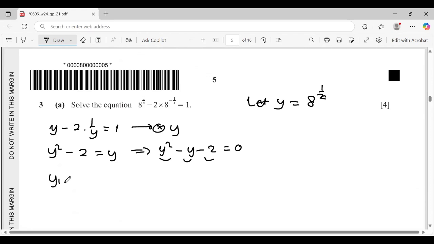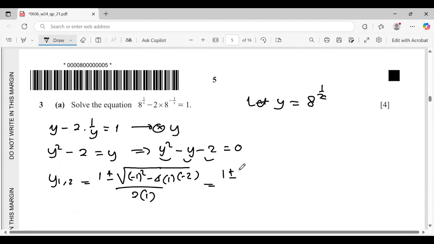So y1 and y2 equal 1 plus or minus the square root of 1 squared minus 4 times 1 times minus 2, divided by 2 times 1.